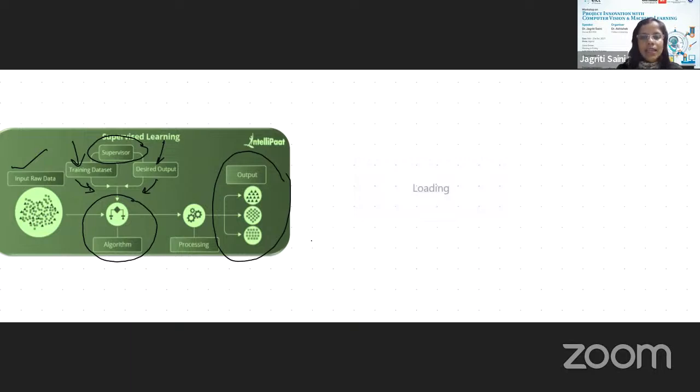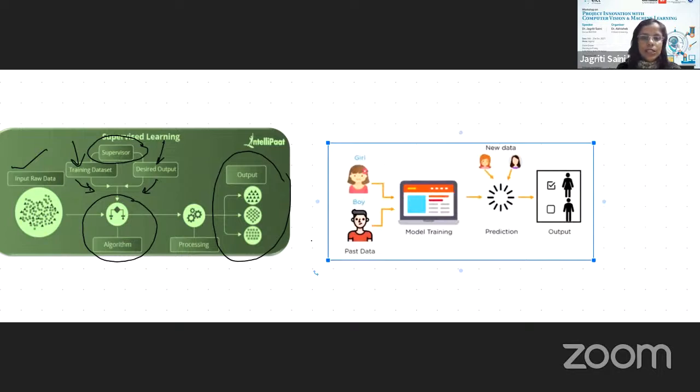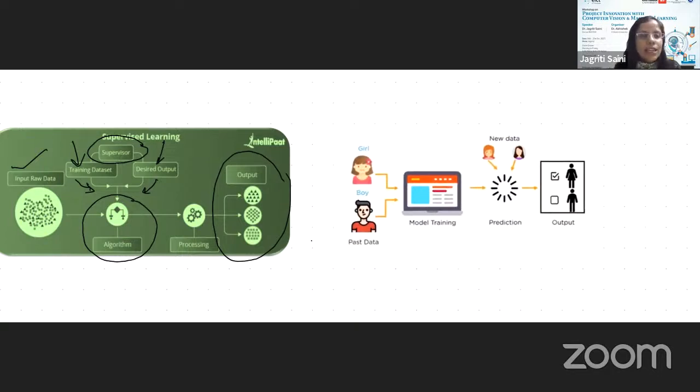We can have a binary classification problem, or even a multi-class problem, such as we can see in one example in the image. Maybe we are training a model to identify if the image belongs to a boy or a girl.